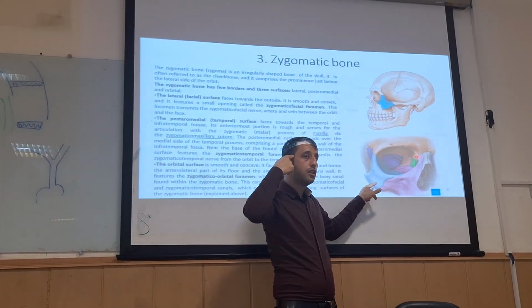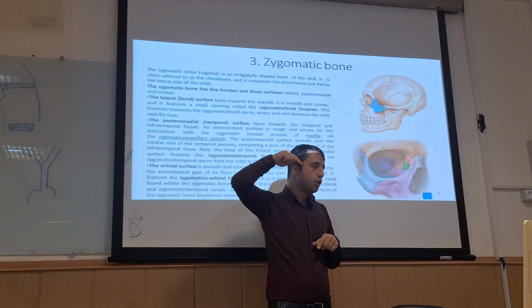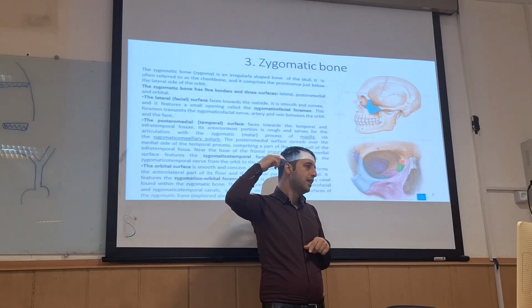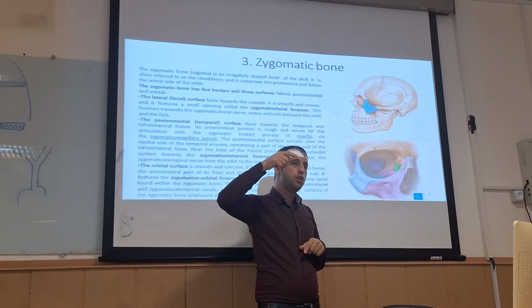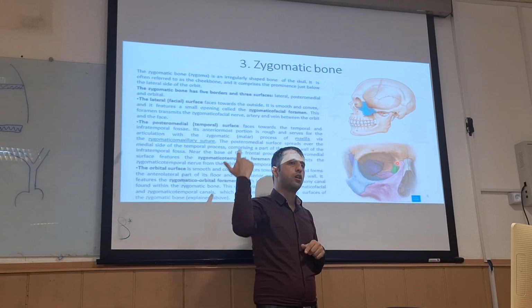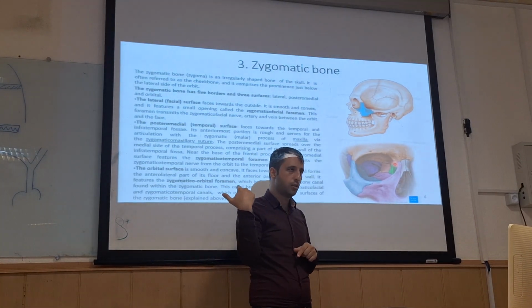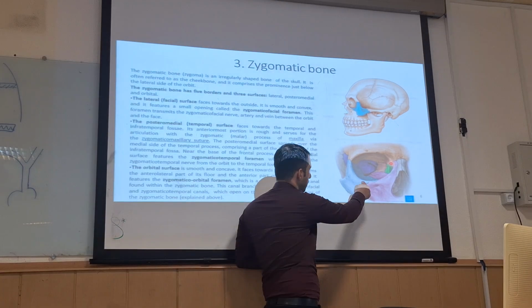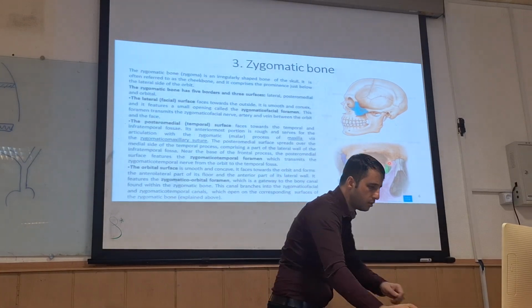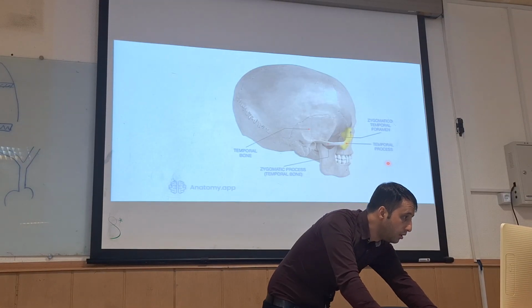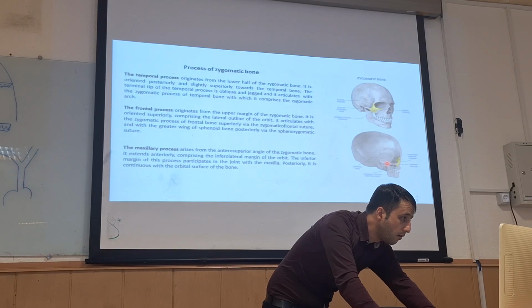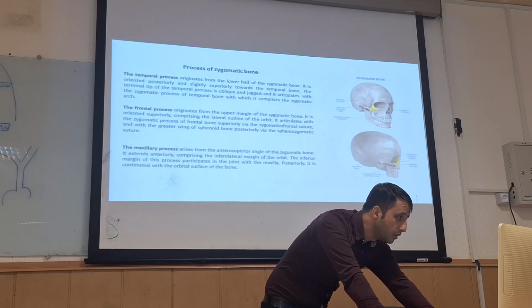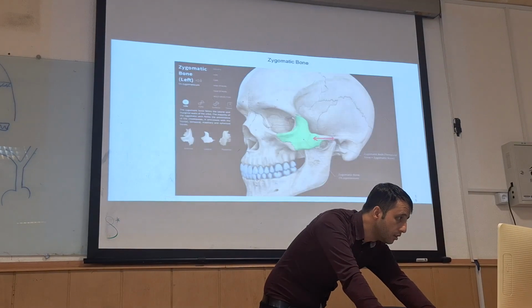One branch inserts to the posteromedial surface and makes the zygomatico-temporal foramen. Where is the beginning of the foramen? Here, at this area.